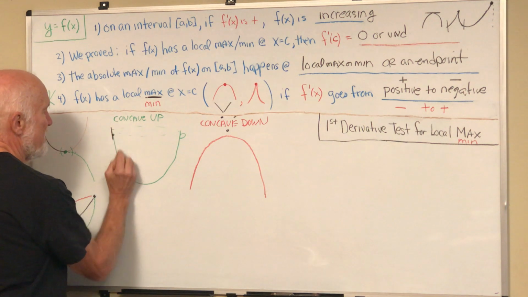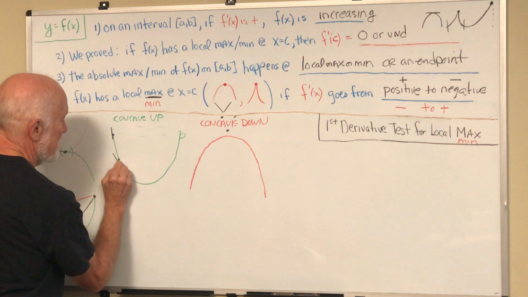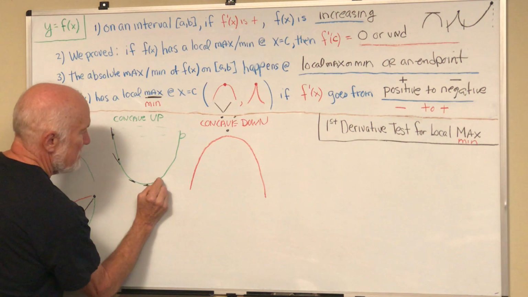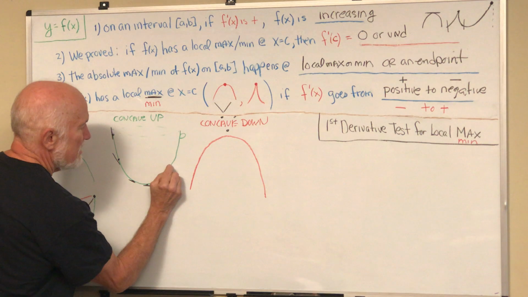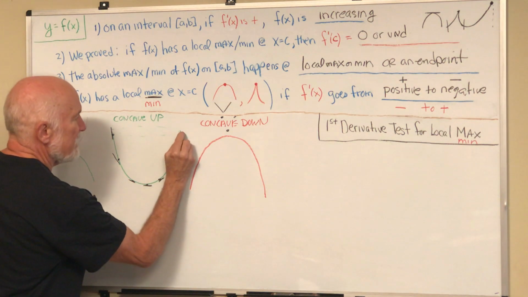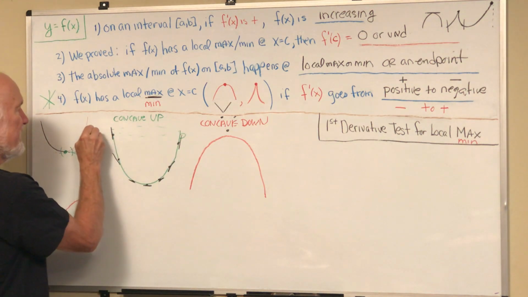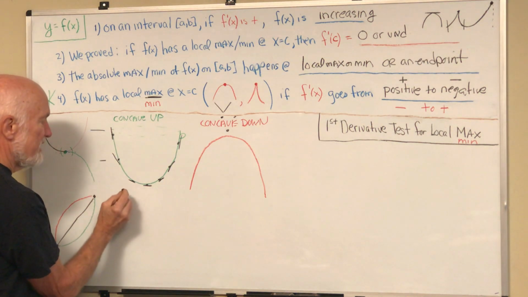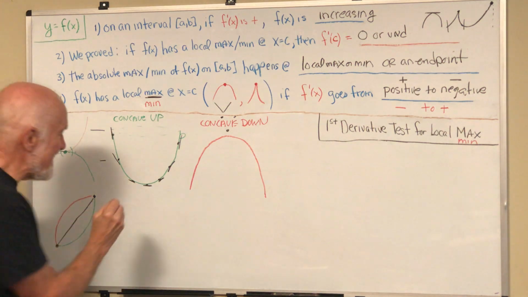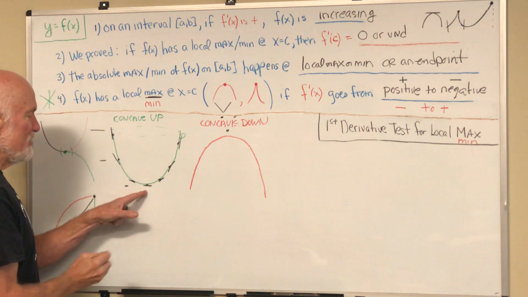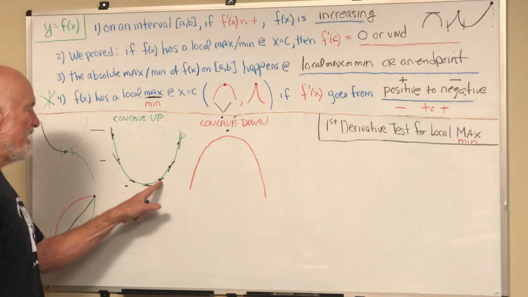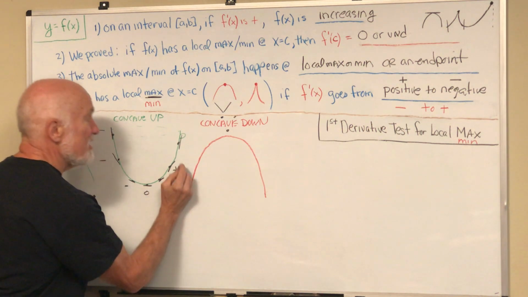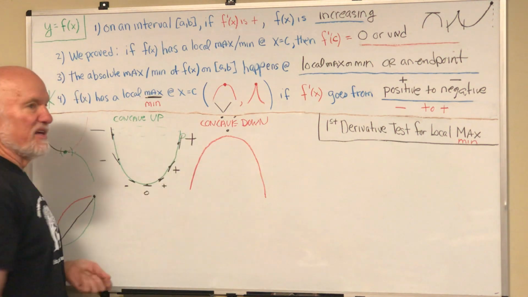They go like from here to here to here. So what are those derivatives doing? They're going from a big negative to a medium negative to a wee little tiny negative to a zero slope. Then it goes to a wee little tiny positive to a medium positive to a big positive.